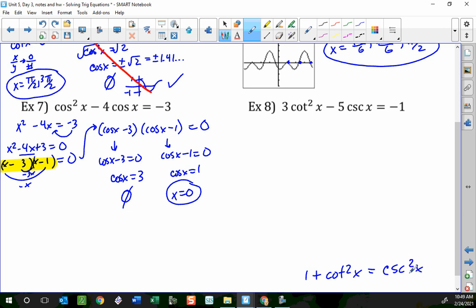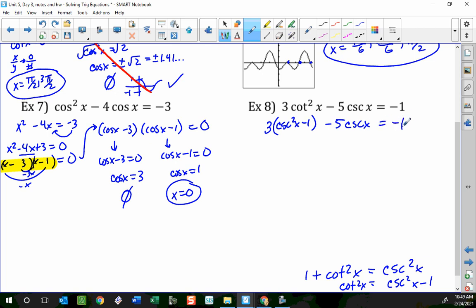So we're going to have to change this. I can't change the cosecant, but I can change the cotangent squared to something else. I'm going to change cotangent squared to cosecant squared minus 1. So let's do it. 3, and I got cosecant squared minus 1 minus 5 cosecant equals negative 1.